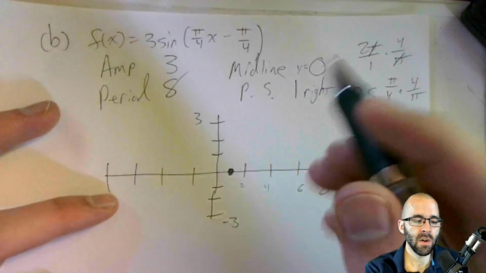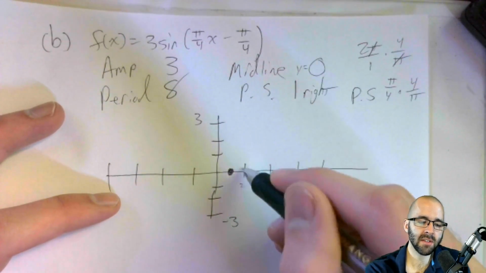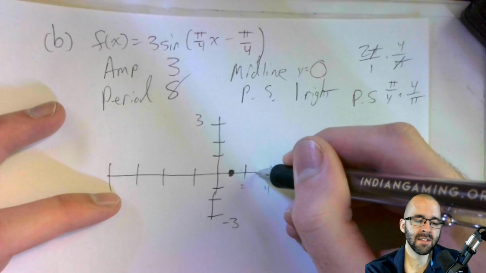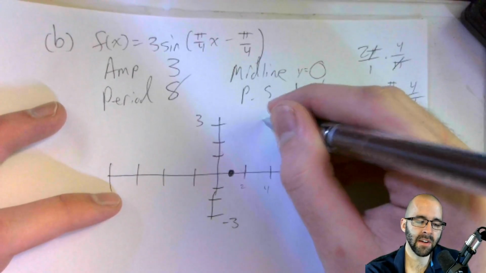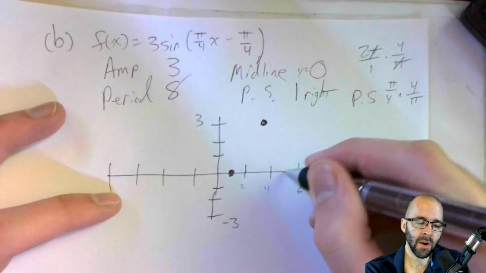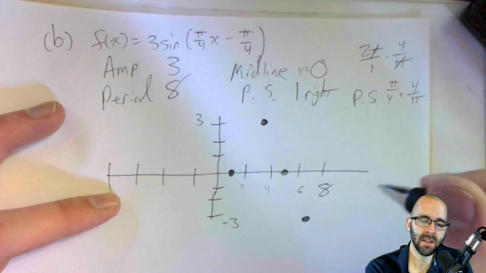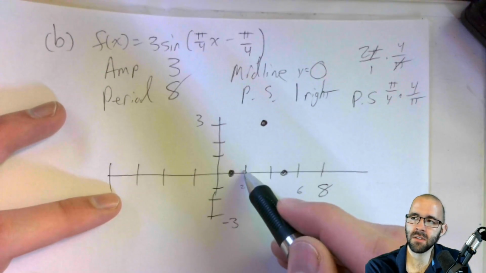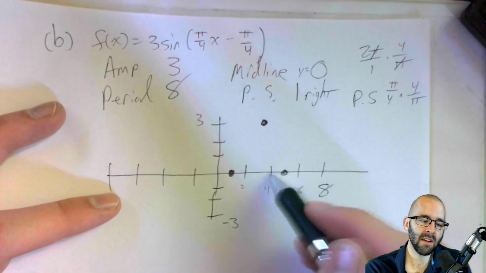And now every point that we do is going to be in the middle of 2 hash marks. Because when we move forward a quarter of a period, sine says you're going from the midline to the maximum. So we're up at 3 here. Then we go back to the midline and back to the minimum. If you divide your period into 4 sections, all of these points are going to be in the same part of every section.